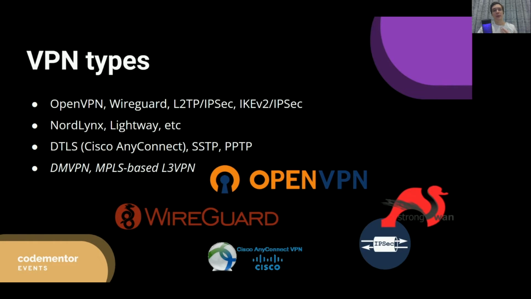So MPLS based is a thing that telecom providers use. Basically, they provide you a line, right? So you connect, for instance, your office to your branch or data center, and you order a line from your network provider. MPLS stands for multi-protocol label switching.